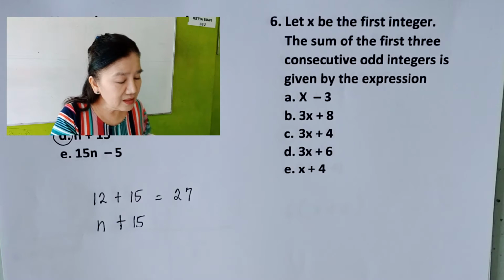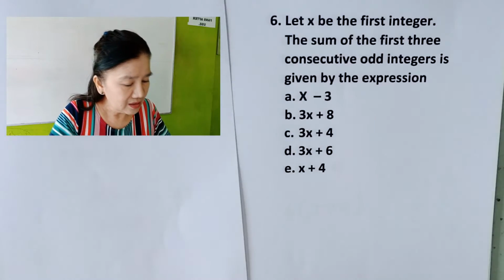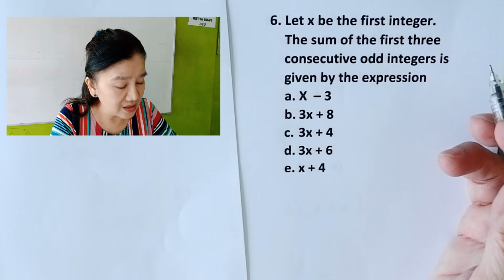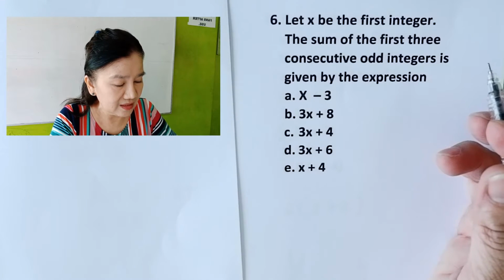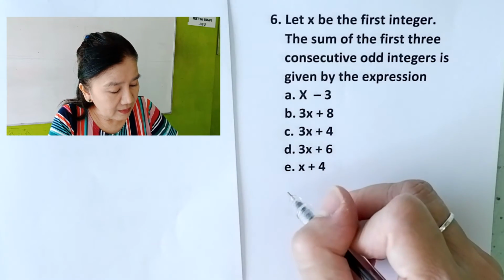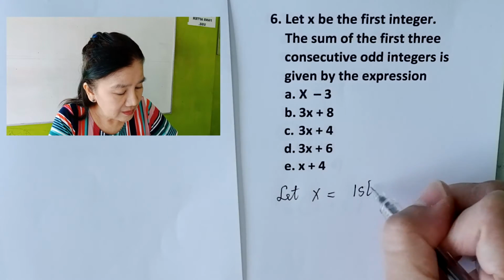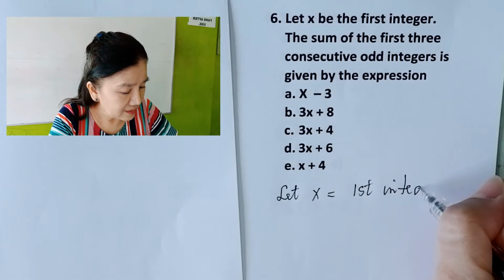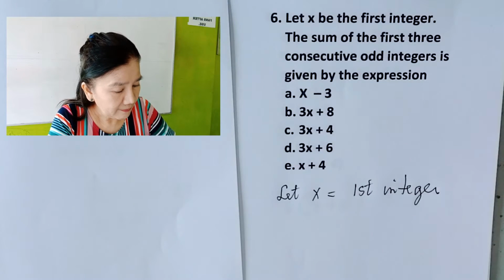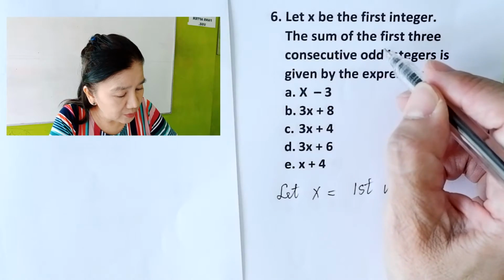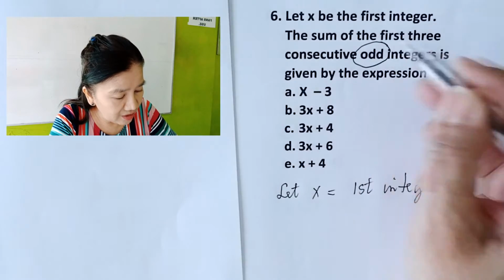There you go. Problem number 6. Let x be the first integer. The sum of the first 3 consecutive odd integers is given by the expression. We can let x be the first number, integer. Then, remember that we're dealing here with odd integers.